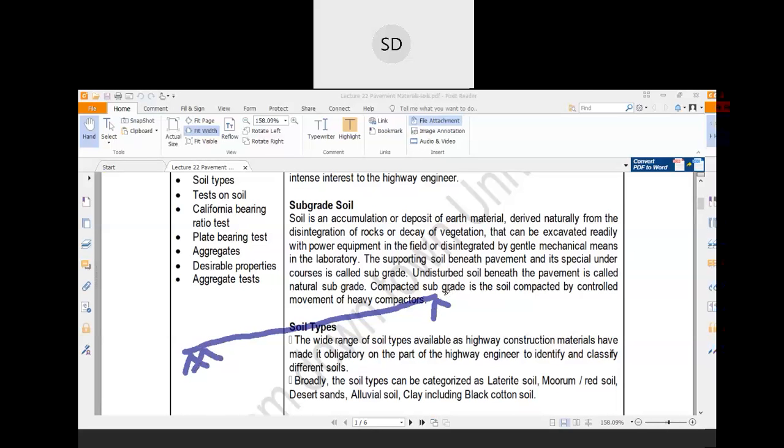This layer is called the subgrade layer. Above this, another layer would be there which is made up of aggregates. This is called the subbase.